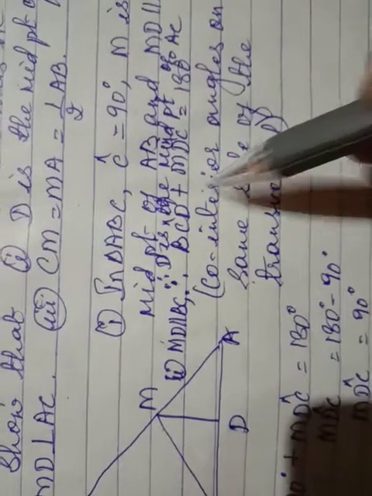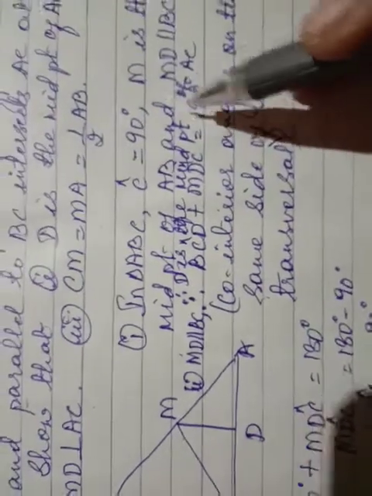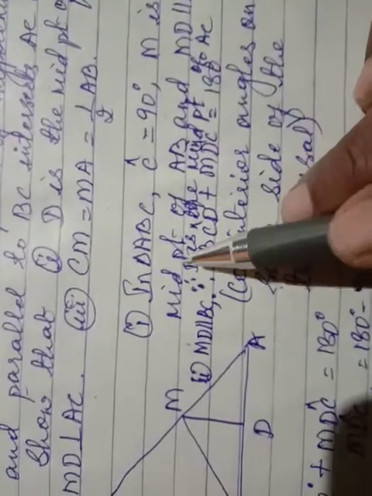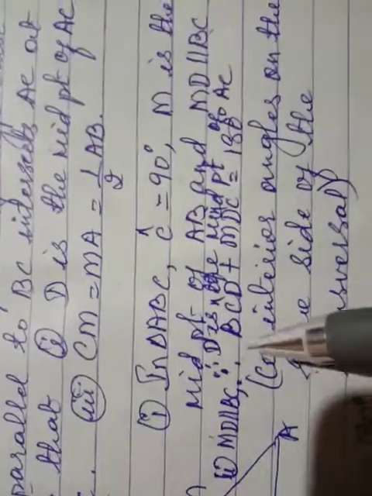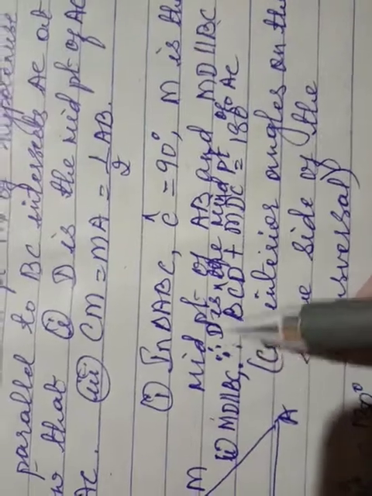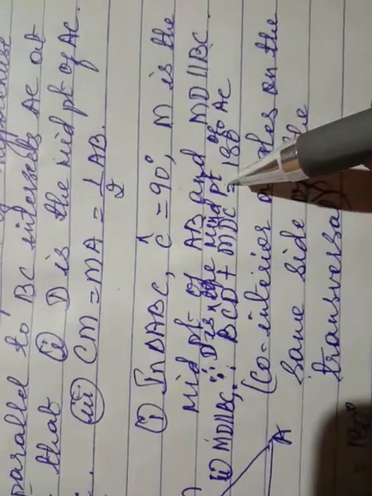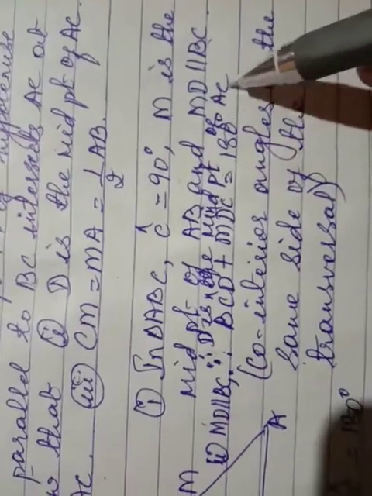Just see here, children: M is the midpoint of AB and MD is parallel to BC. Therefore, D is the midpoint of AC.